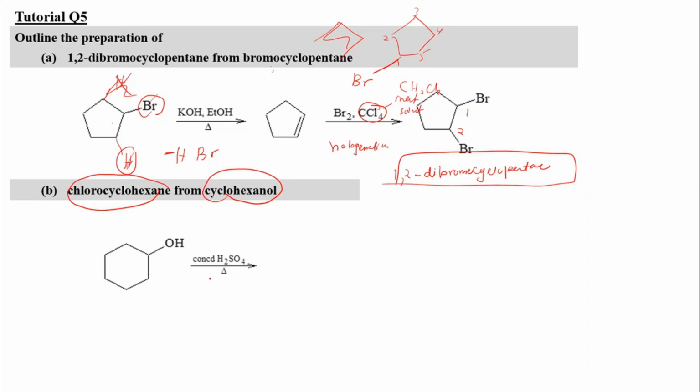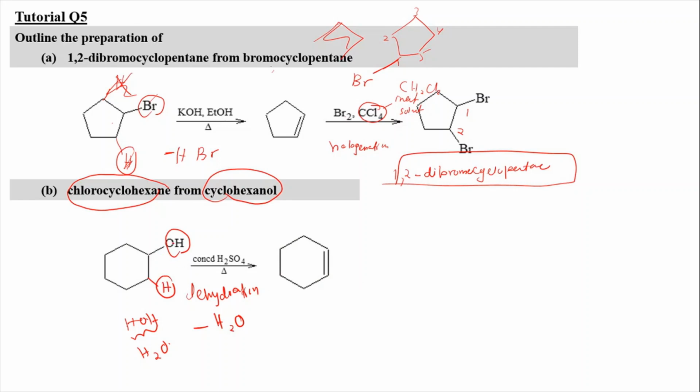So what we're going to do is dehydration. The process of dehydration means we remove water. So we're going to remove H here and OH here, so that it's going to be HOH, which also refers to H2O.